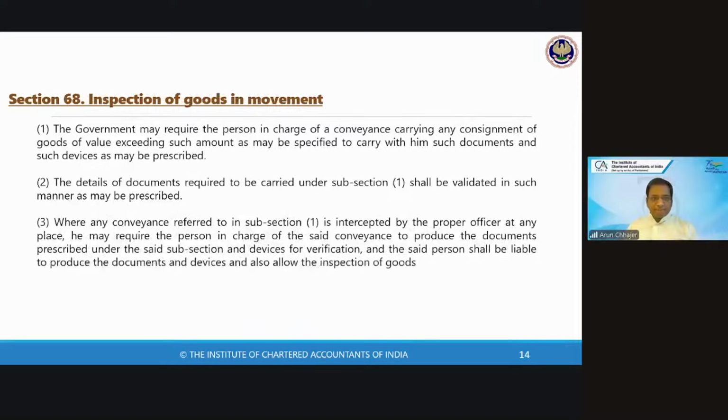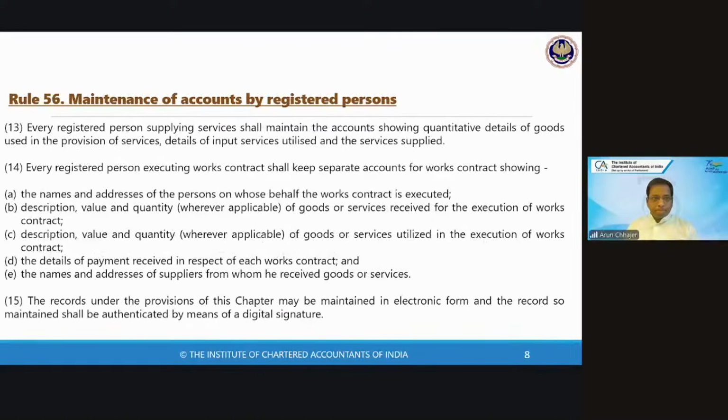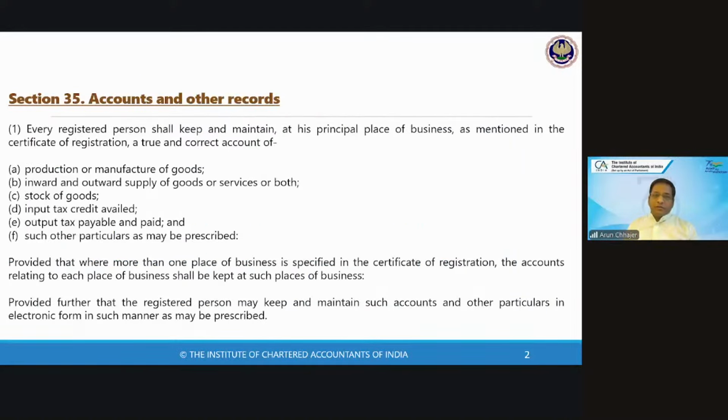Okay, this is for, I have not covered that rule. No problem. We'll continue with this.